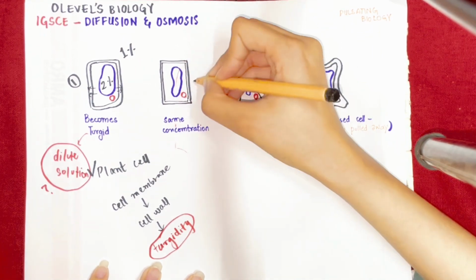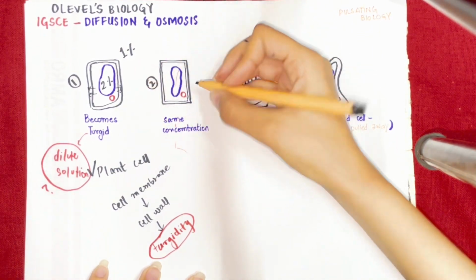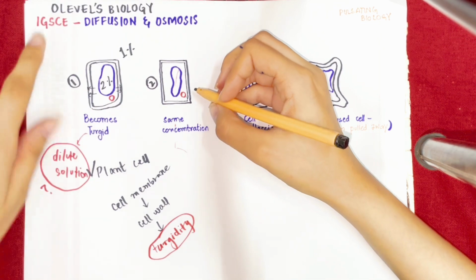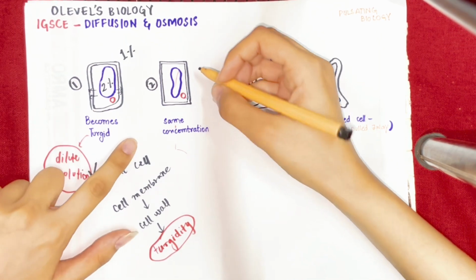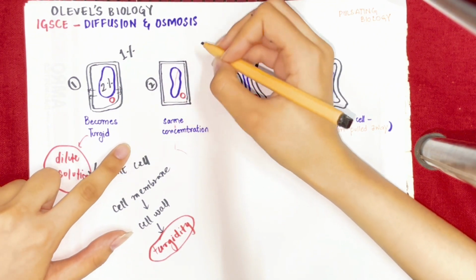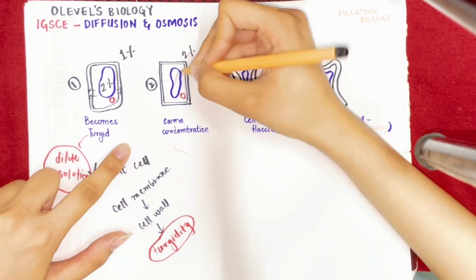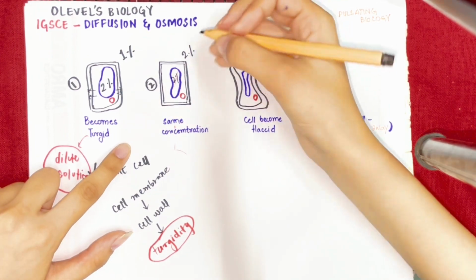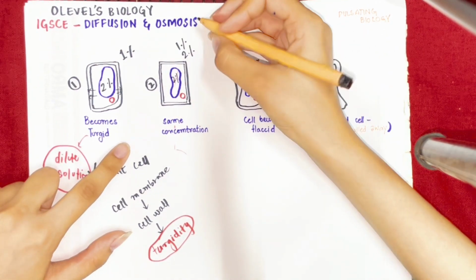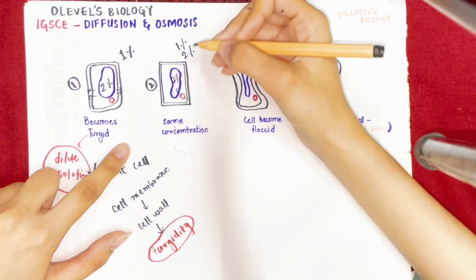Now let's talk about diagram number two, which tells us the condition of a cell when it is placed in an isotonic solution. That means that if there is a 2% solution outside, there similarly is a 2% solution inside the cell. For example, if there is a 1% solution outside the cell, there will be a 1% solution inside the cell as well.